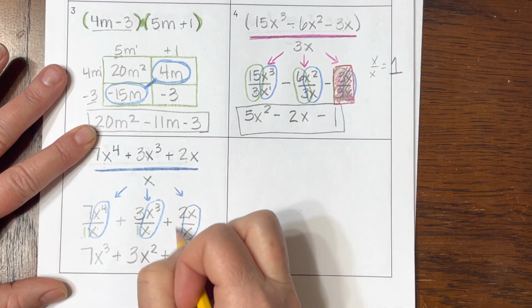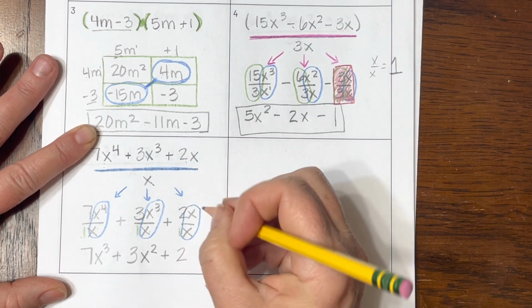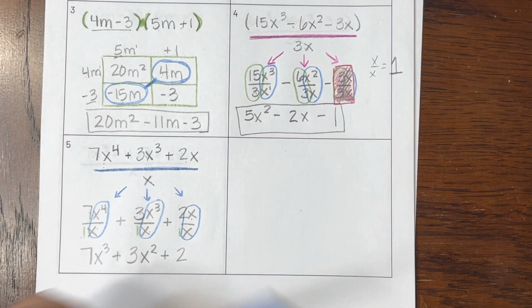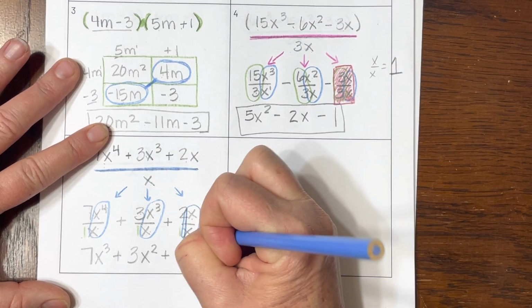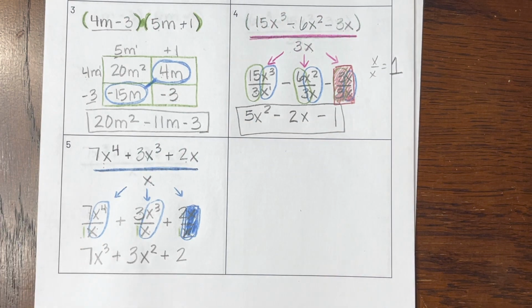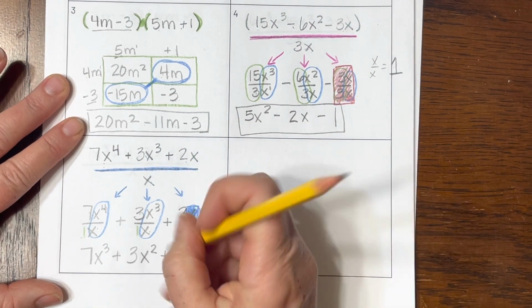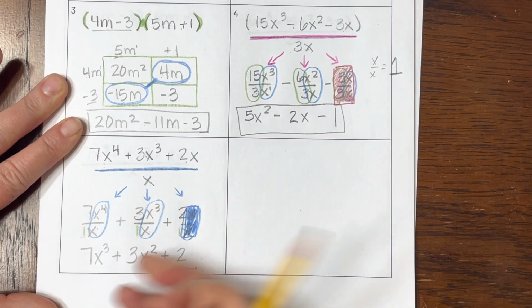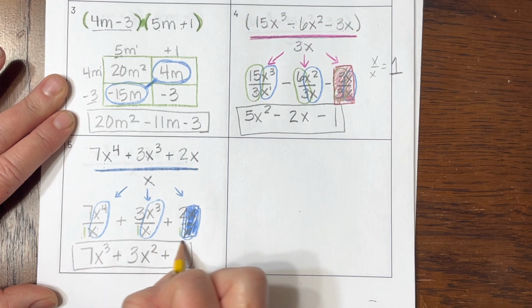Then in this one, make sure we do this one slowly. 2 divided by 1 is still 2. But notice that this x divided by x, we just talked about it over here. X divided by an x is still a 1. So that means I'm essentially doing times 1, which 2 times 1 is still 2. So I just don't write it. And that is my final answer.